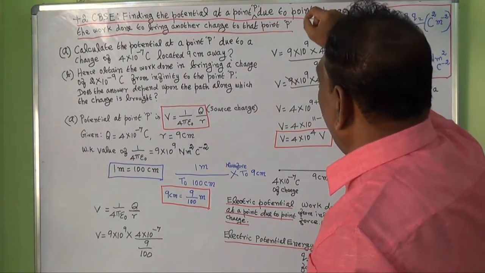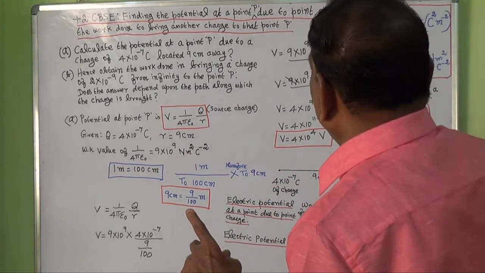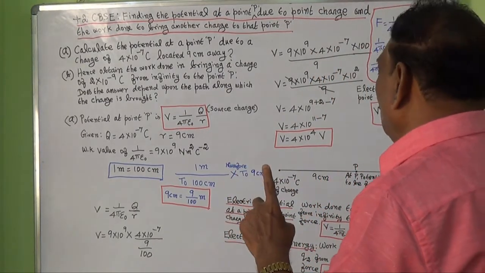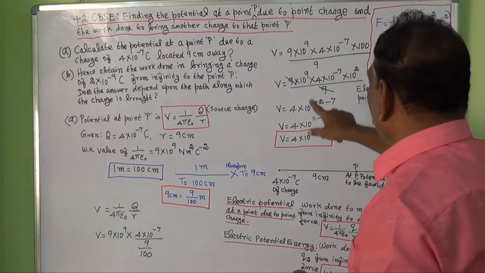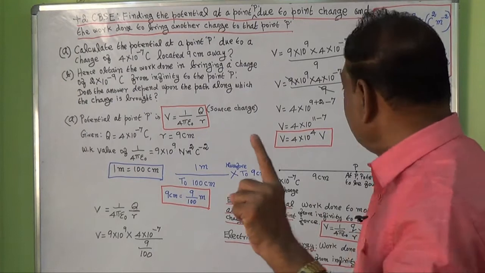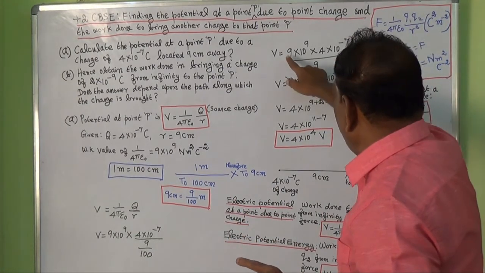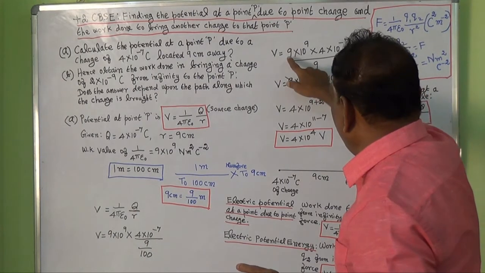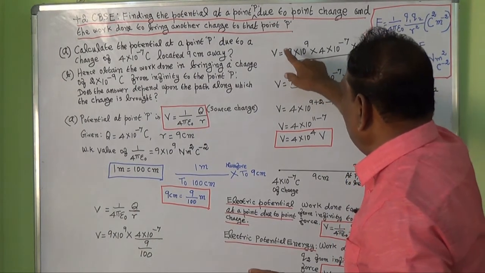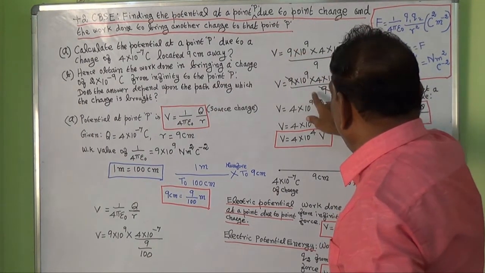Now we are getting the equation for electric potential at the point P. V equal to 9 into 10 to the power of 9 into 4 into 10 to the power of minus 7 into 100 by 9. This 9 can be cancelled. That is the 9 placed in the numerator and denominator will be cancelled.